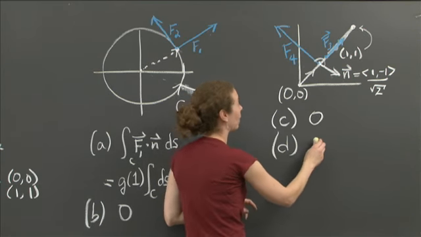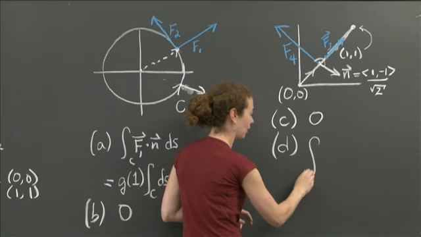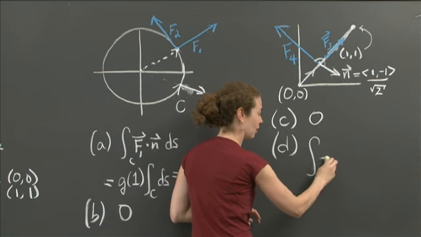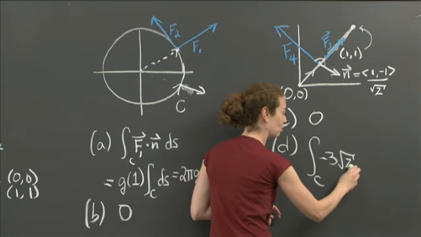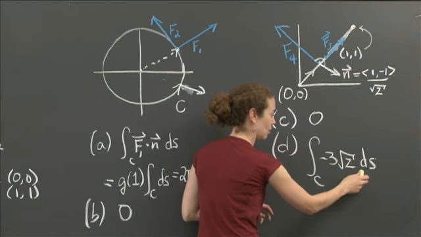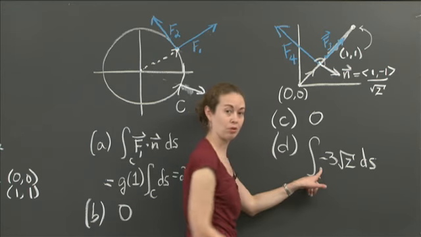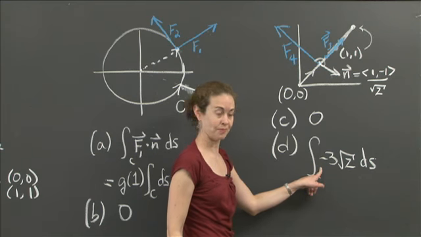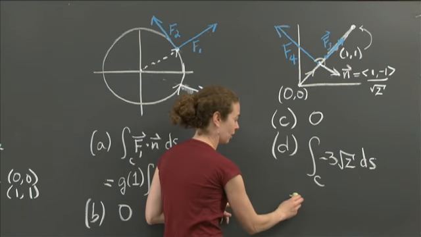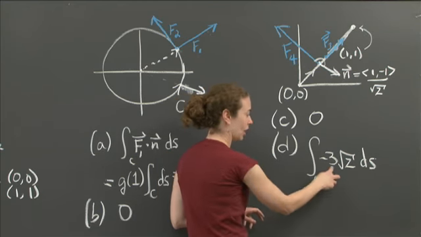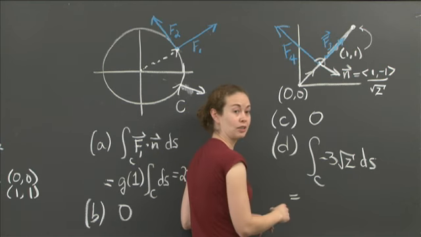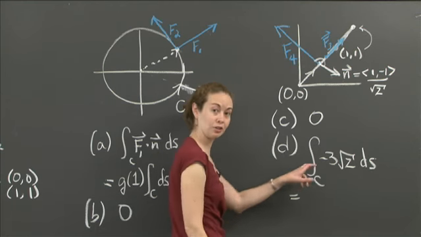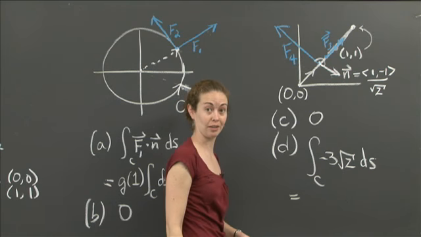So what I do in part D is integrate along the curve the constant negative 3 square root 2 ds. This is exactly F sub 4 dotted with the normal. And so as before, this is going to equal negative 3 root 2 times the arc length, because the integral over the curve ds is the arc length.